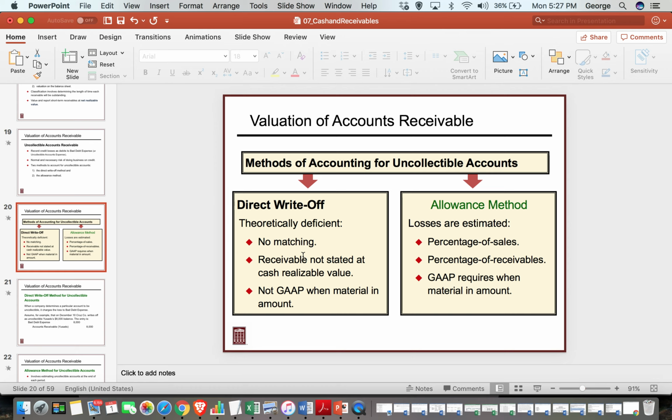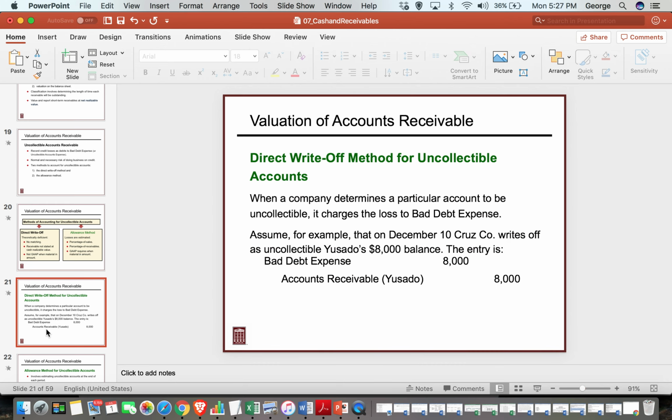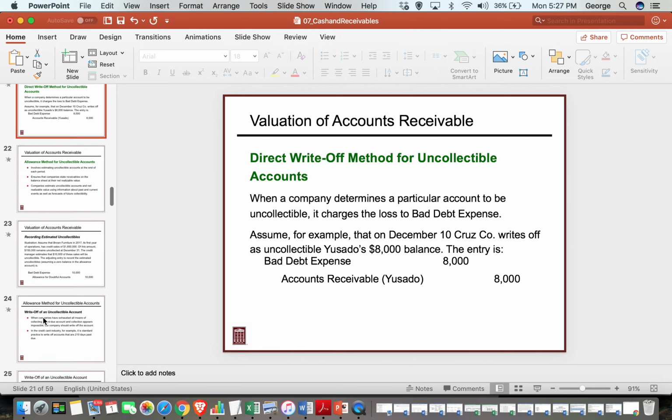The allowance method, which is GAAP, is where we estimate our losses using either percentage of sales or percentage of receivables. All right, so with the direct write-off method, we just debit bad debt expense and credit accounts receivable. So at an $8,000 write-off, debit bad debt expense, credit receivables. Again, not GAAP unless your bad debts are immaterial for the year or you're not a publicly held company where you don't need to use GAAP.